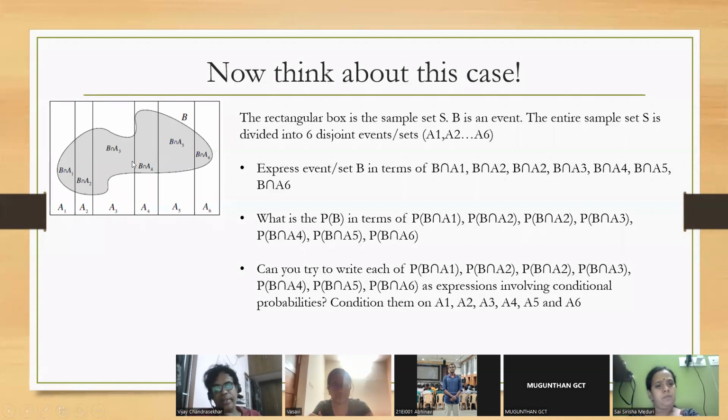Are they disjoint? Yes, they are, right? Why? Because if you take this space and this space, there's nothing in common between this set and this set, or this set and this set. Take any pair, for instance. There's nothing in common between them. All right, so which means they're disjoint.